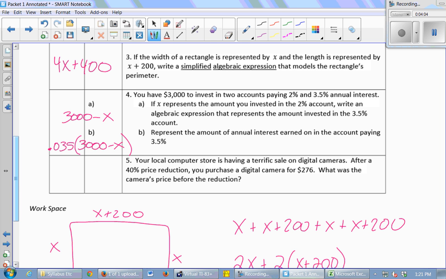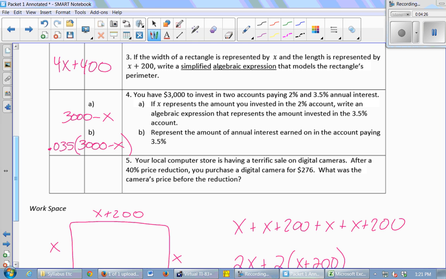All right, last one. This one's kind of tricky. I heard a lot of good conversations about this one. Your local computer store is having a sale on digital cameras. After a 40% discount, the digital camera costs $276. What's the camera's price before the reduction?